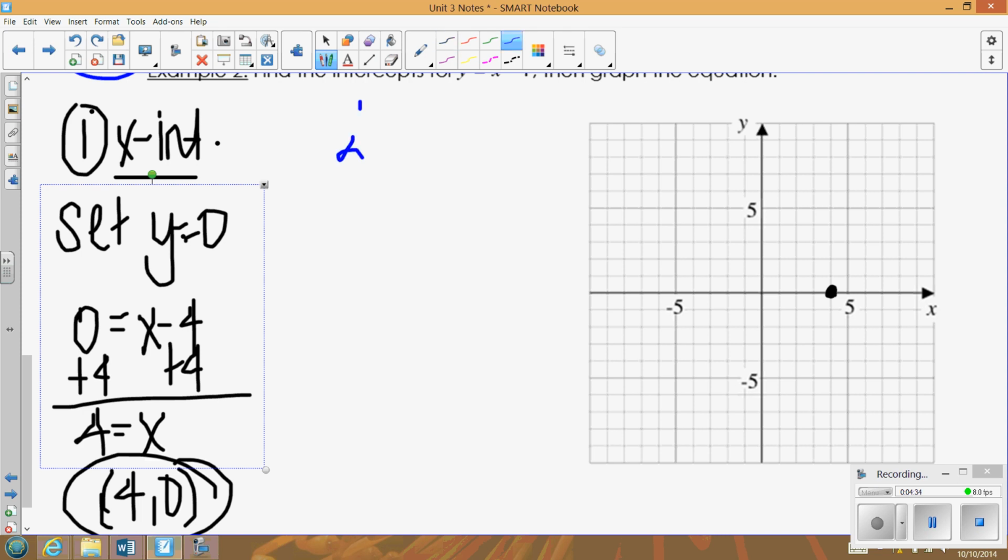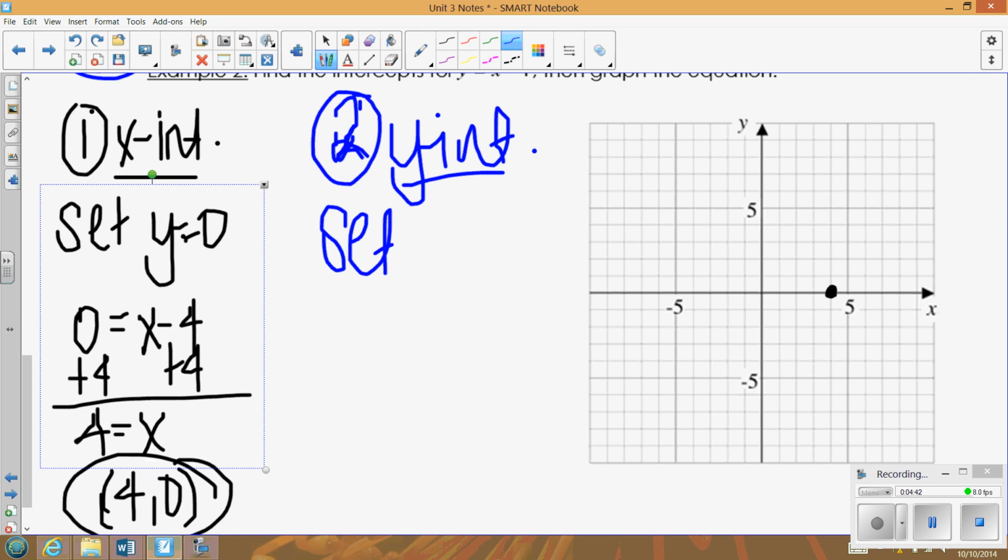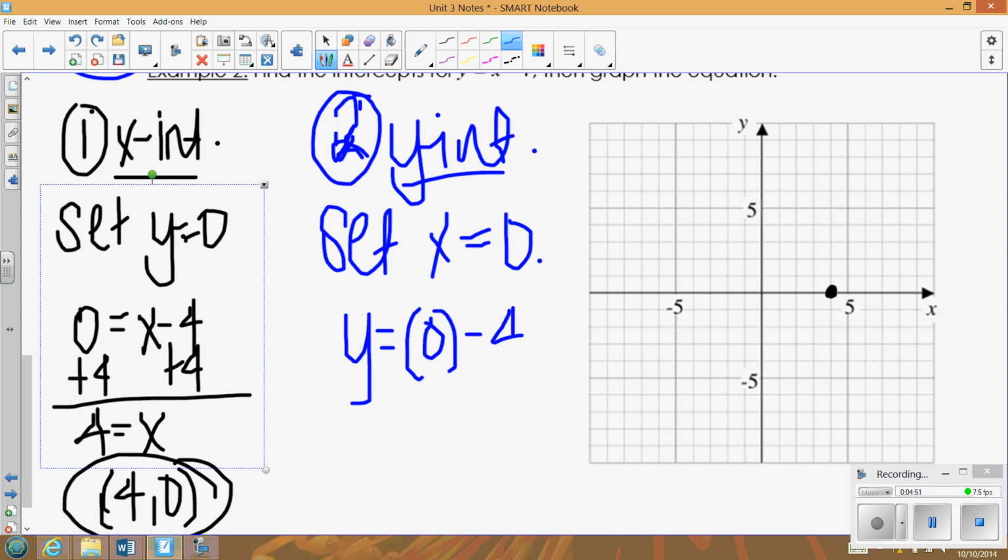And then we can do the y-intercept. So y-intercept means set x equal to 0. So we have our equation y equals 0 minus 4. y equals negative 4.